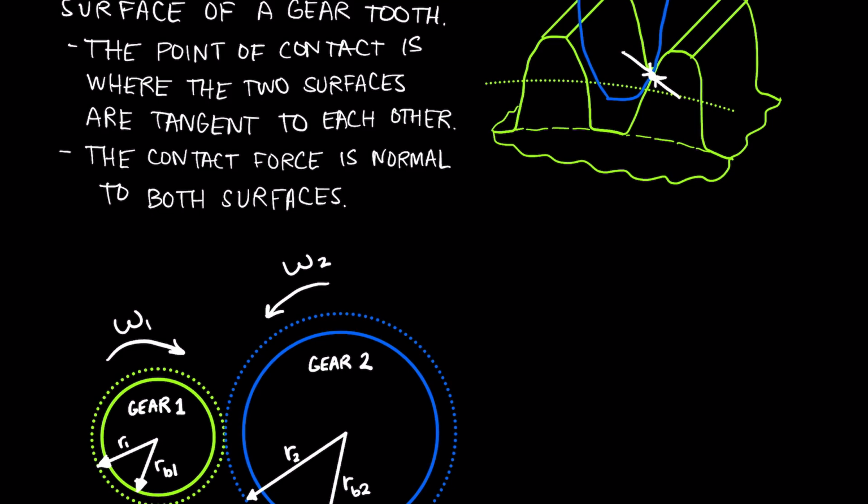That line of action is also going to be tangent to the base circles of the pinion and of the gear.